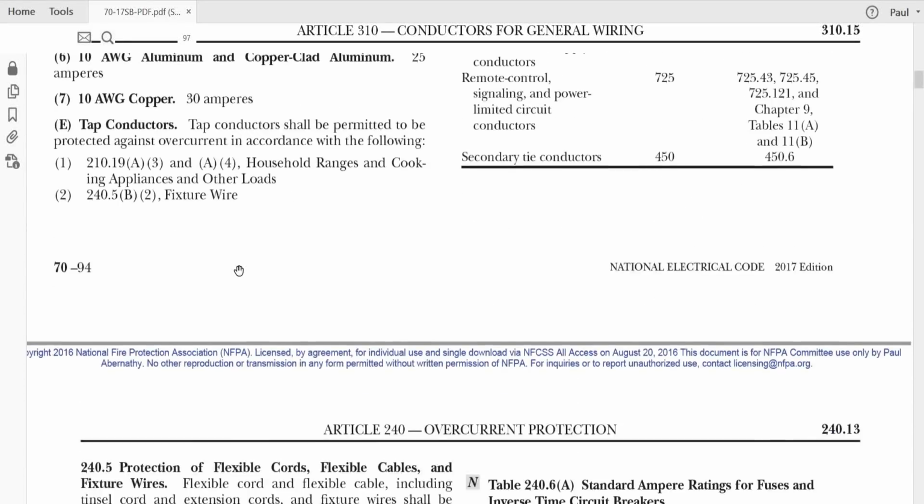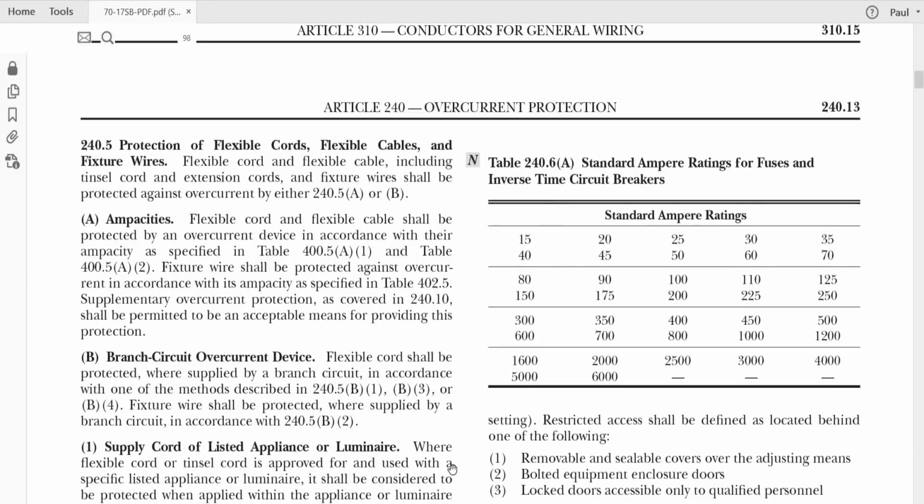And we'll get down to it, and here we go. So here is 240.6a. And right here, we had to have a 62.5 amp, and we have a 60, but it said it can be no less than that. So I got to bump up to a 70, all right? So that would be my selected overcurrent protective device.